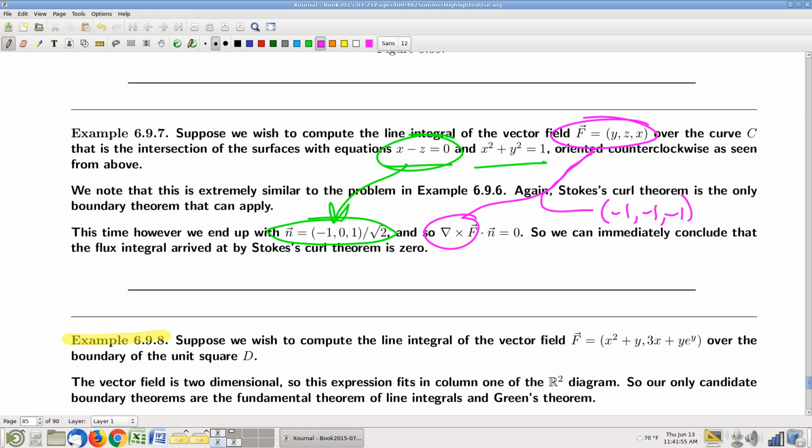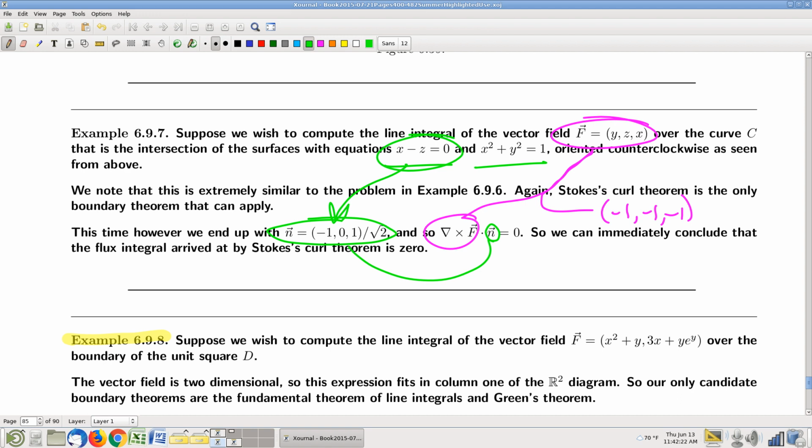The normal vector and the curl are perpendicular. And so when I do this dot product, curl dot normal vector, you do get 0, and there Stokes' curl theorem is a big win, right? Turning the line integral into a flux integral, but it's a flux integral of 0, definitely preferable.